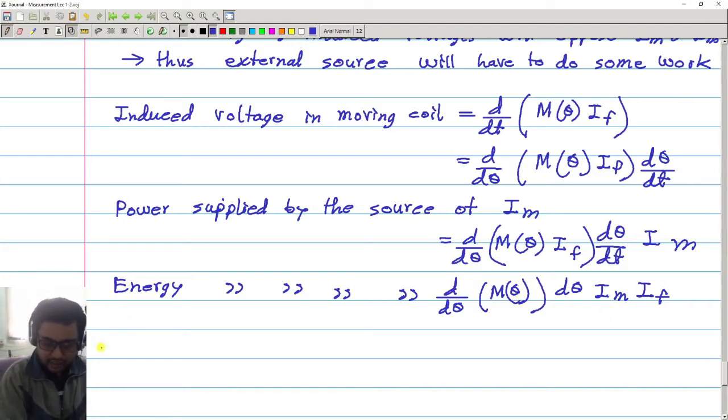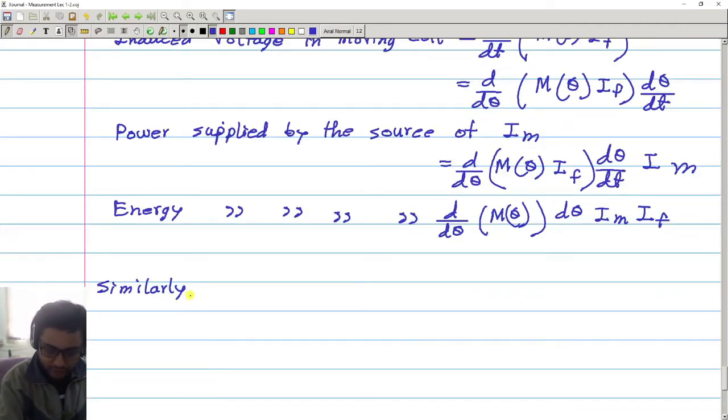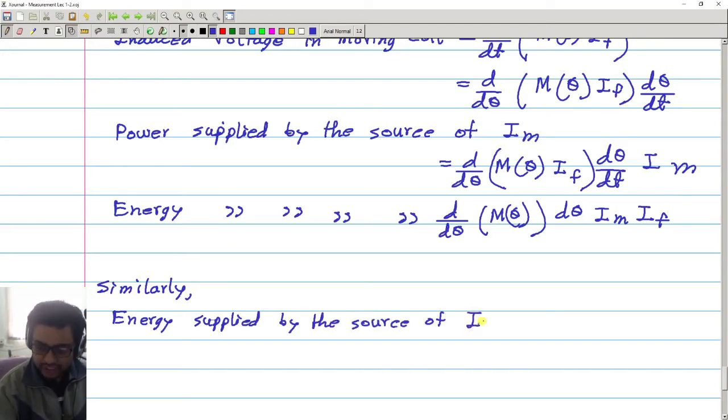Similarly, do I need to do it thoroughly for the other coil? I'm just writing directly. Energy supplied by the source of fixed coil current If.